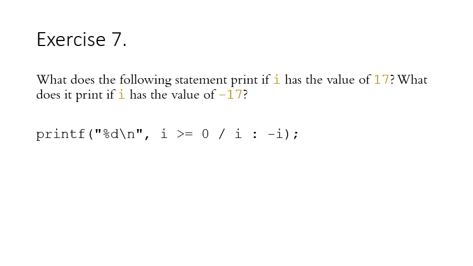So this is your conditional expression. This is supposed to be a question mark, not a slash. If i is greater than or equal to 0, it will return i, otherwise it will return negative i.